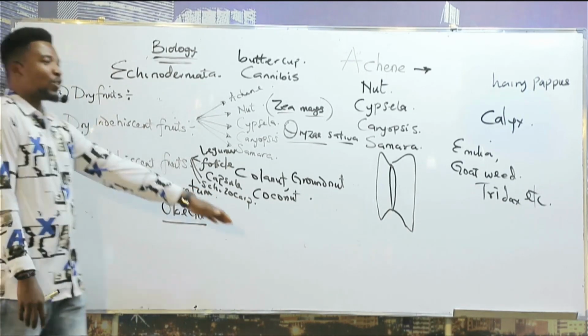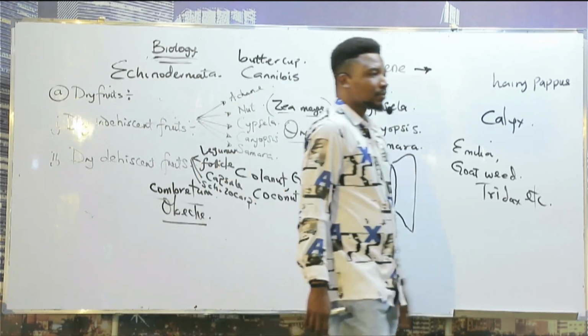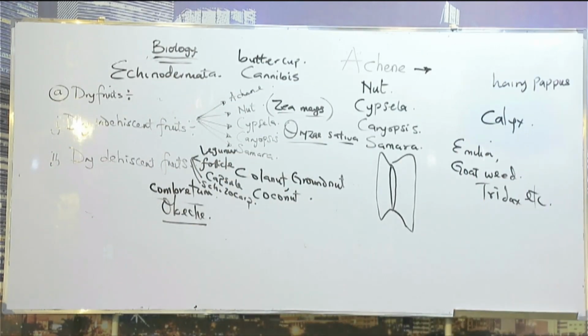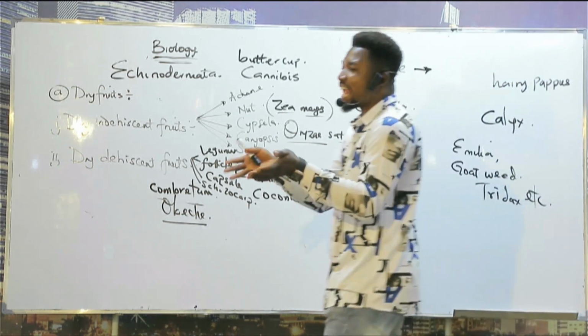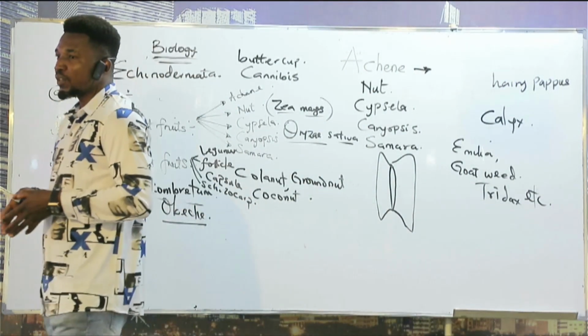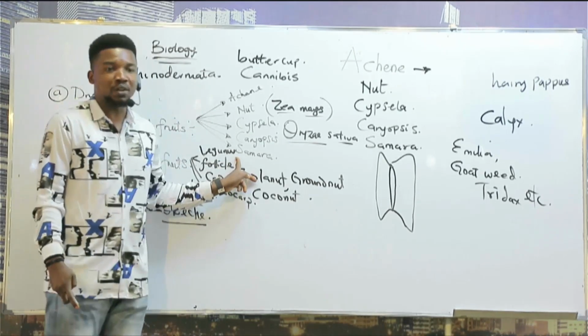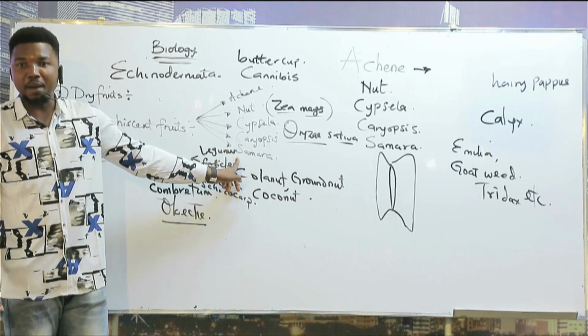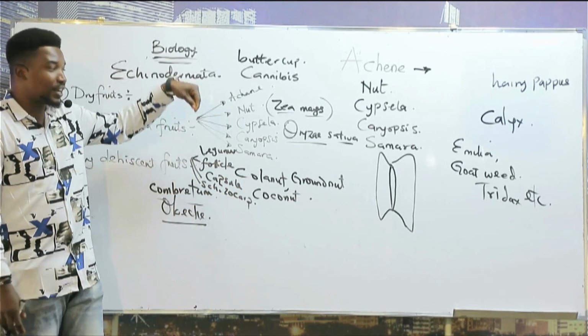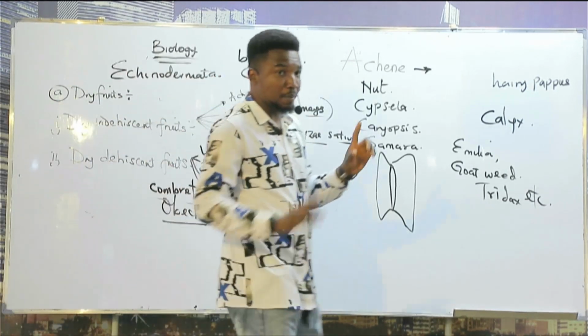Okay, now follicle. What are the examples of follicle? Sorry, when it comes to legumes, we still have bride of Barbados. Remember that bride of Barbados is still under legumes.